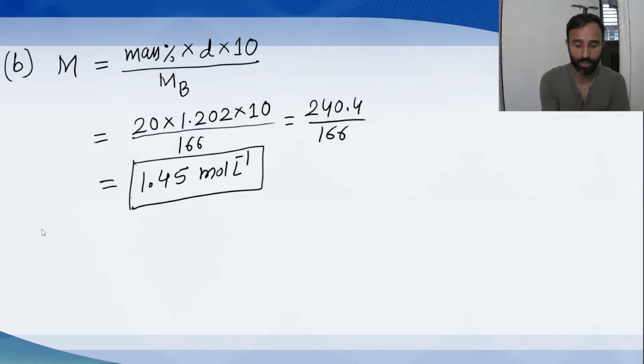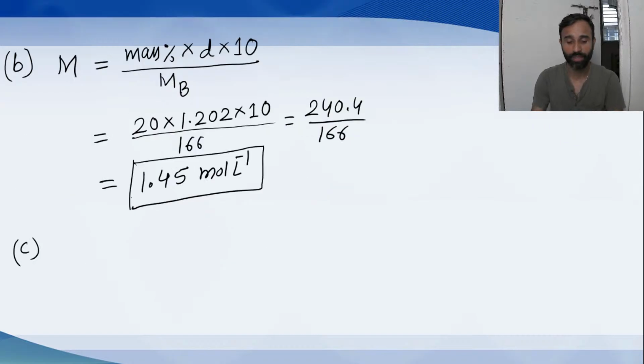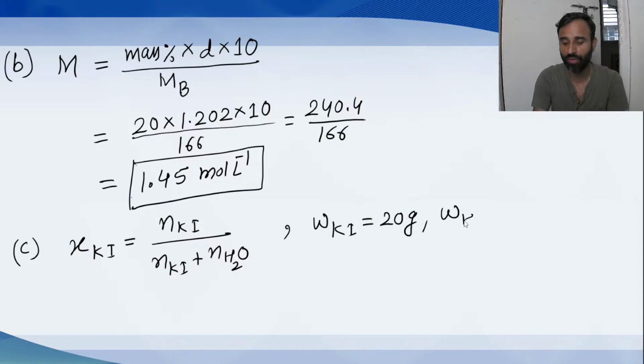Now third part, it is calculate mole fraction of KI. So to calculate mole fraction of KI, what we need? We need number of moles of KI divided by number of moles of KI plus number of moles of water. These values are required. But we have weight of KI and weight of H2O.